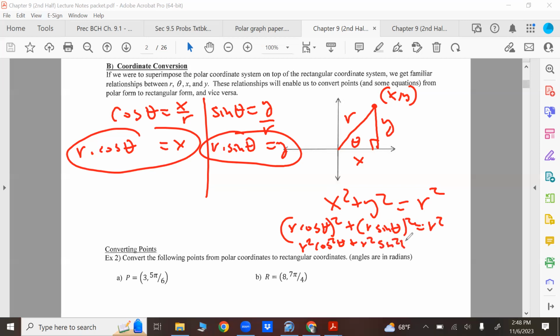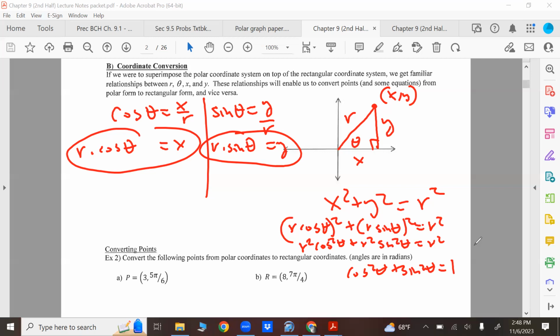What happens if you factor out r squared from the left side? What do you wind up getting? Or what if you cancel out the r squareds? You get the Pythagorean trig identity. So it makes sense. We know this works.